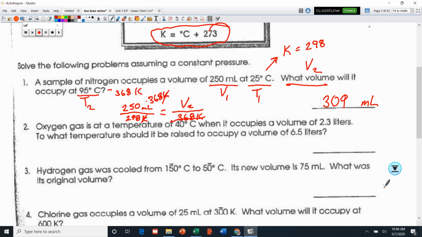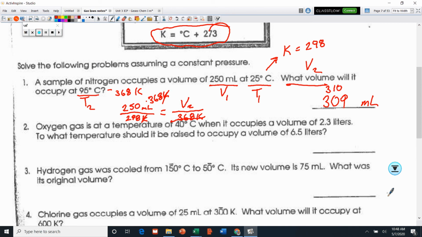Remember, we're trying to maintain 3 sig figs. I know your temperatures are only in 2 sig figs on this one. I'm going to go with the statement here, since your volume is in 3. Actually, we probably should go 2 on this one, just noticing that this is 250. There's no decimal right there. So 310 would be your actual answer, because the original was 308.